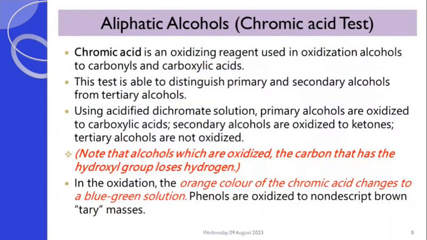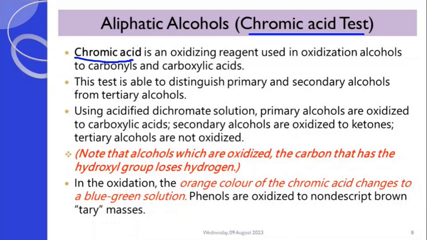Now let us look at the first test for testing aliphatic alcohols. This test is called the chromic acid test. The main reagent used is chromic acid.